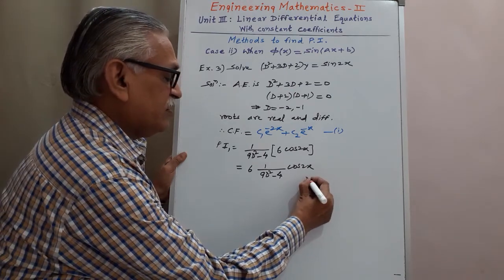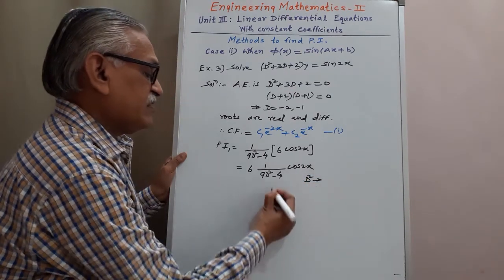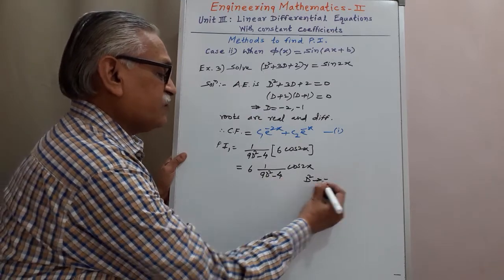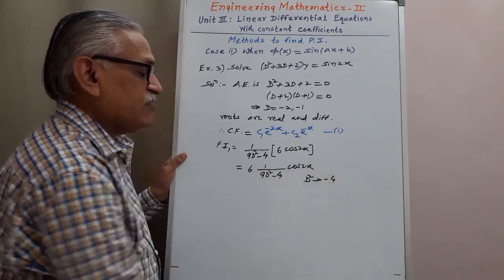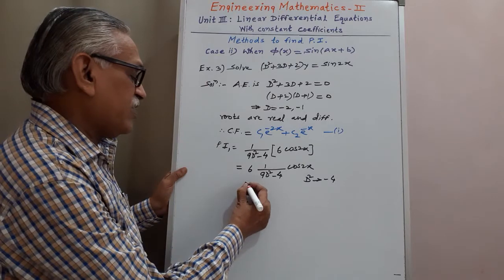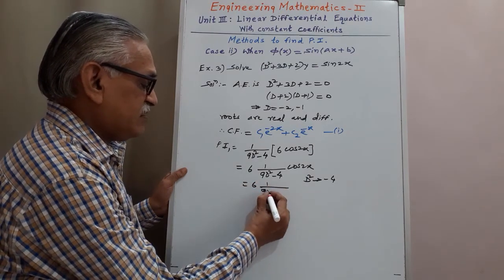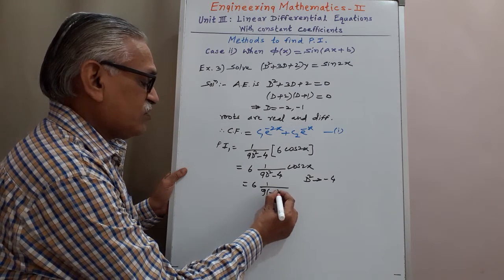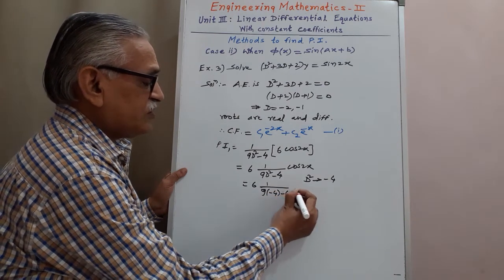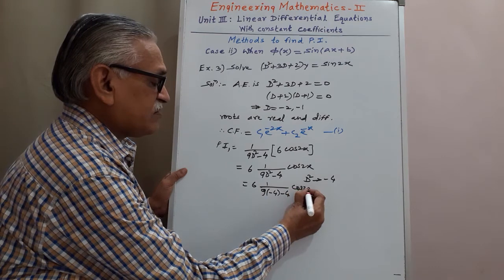Using the rule, D square is replaced by minus a square, 2 square, that is minus 4, and we get 6 times 1 upon 9 multiplied by minus 4, minus 4, into cos of 2x.